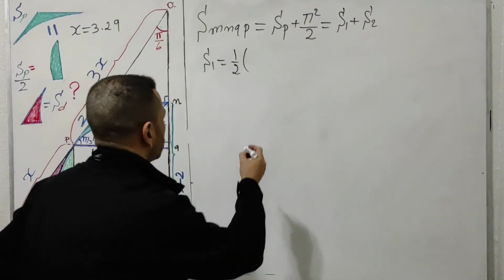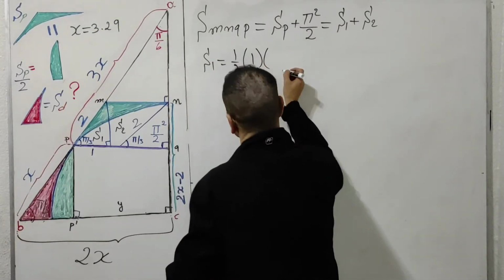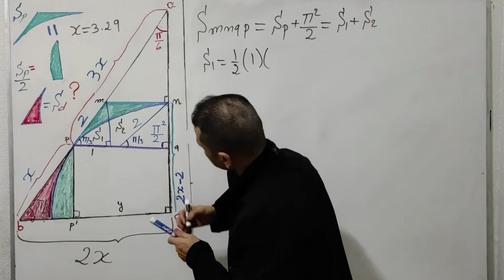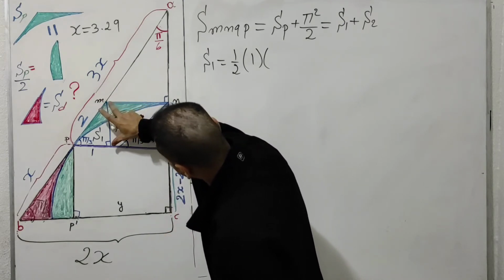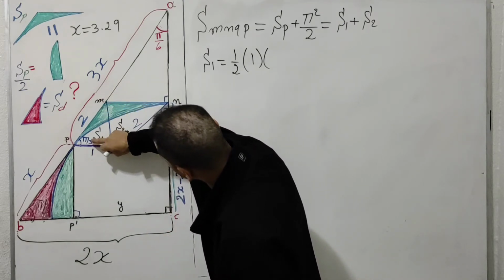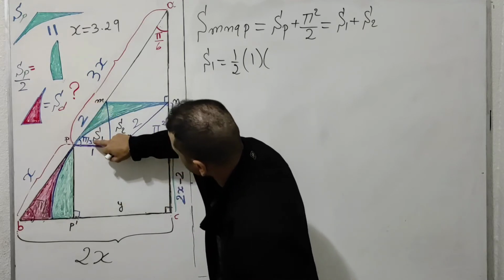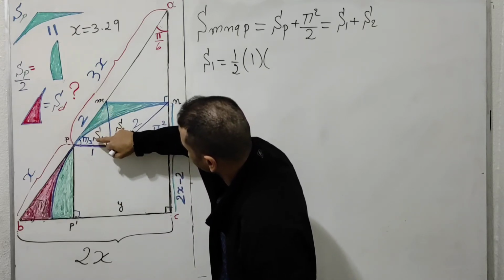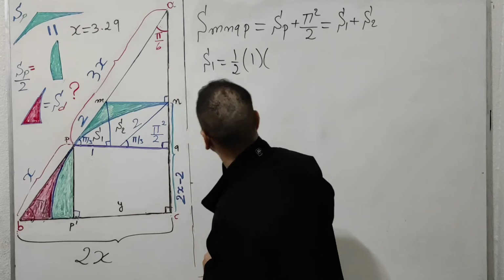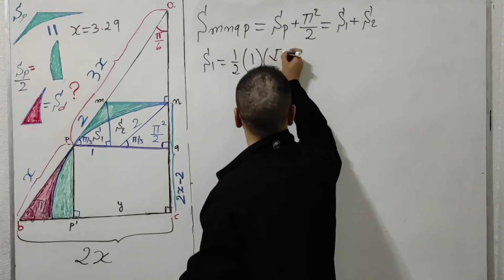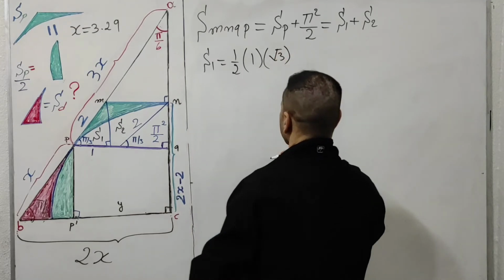Okay, so the base equals 1, multiplied by the height. So this is the height. The height equals sine pi over 3 multiplied by 2. Sine pi over 3 is square root of 3 over 2, multiplied by 2, which gives square root of 3. Okay, this is for S1.